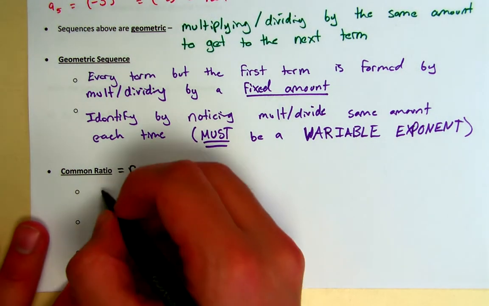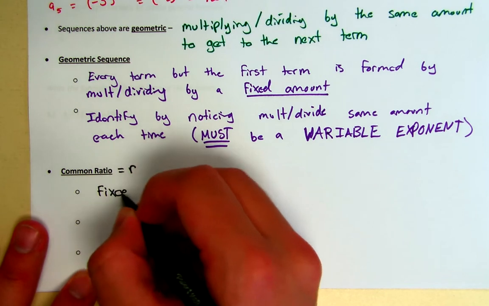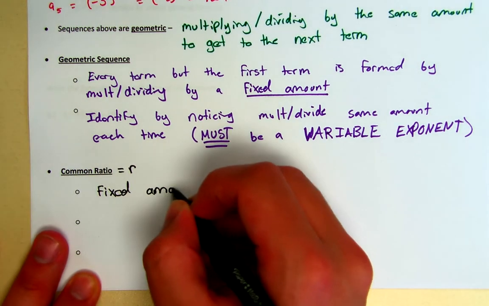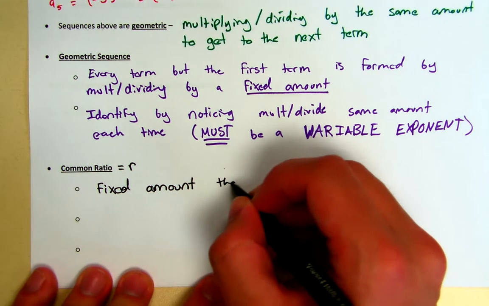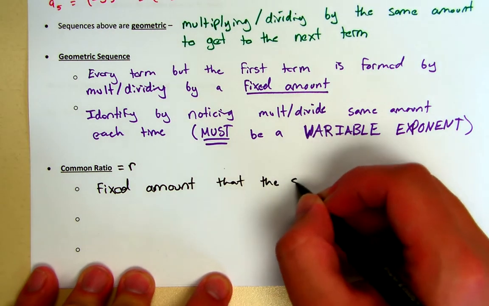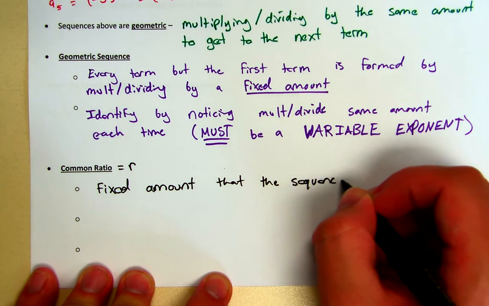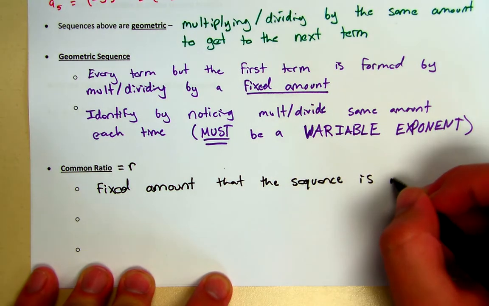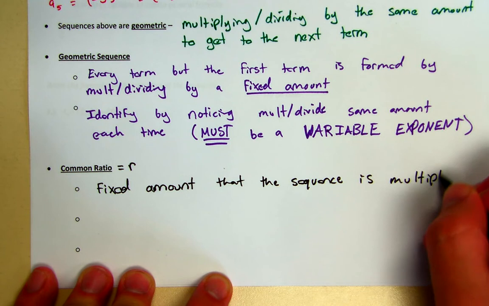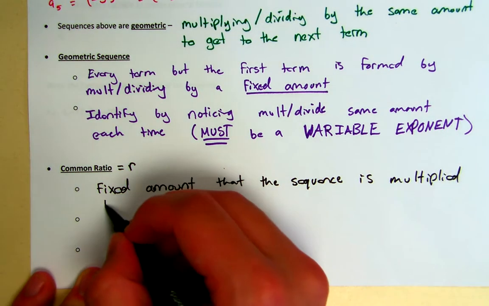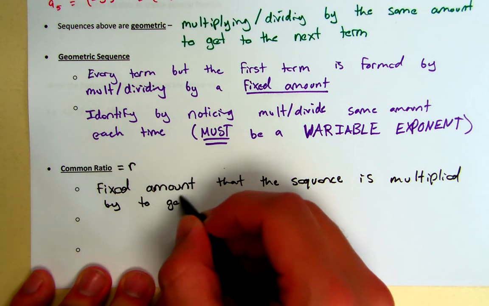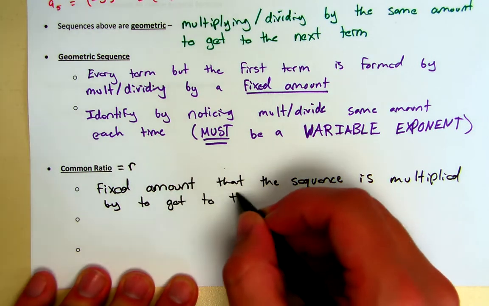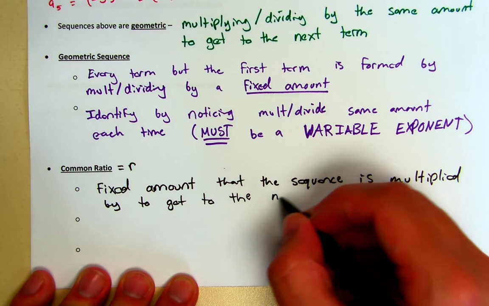So a fixed amount that the sequence is multiplied by to get to the next term.